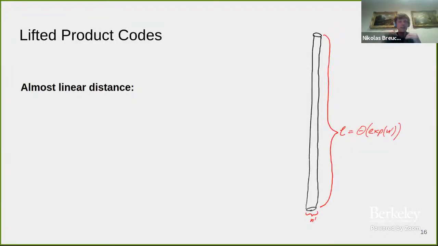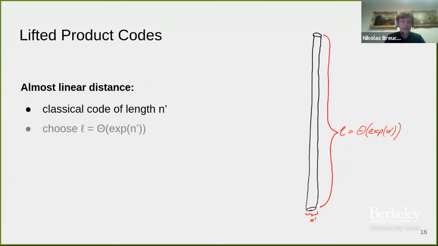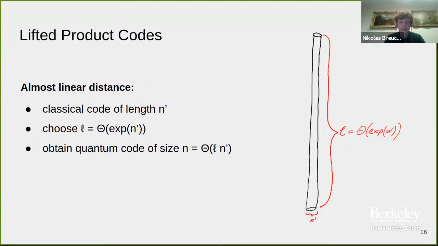Now they do something more extreme than in the Hastings-O'Donnell case. They take, again, this classical code of length n prime as a base code. However, they choose the fiber to be exponentially large in the size of the base code. So now they obtain a quantum code. Again, the sizes just multiply.